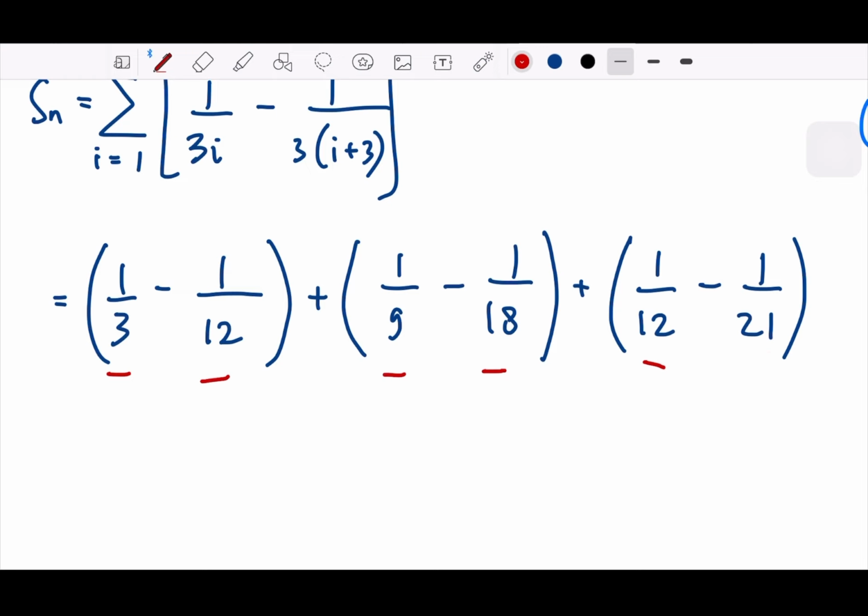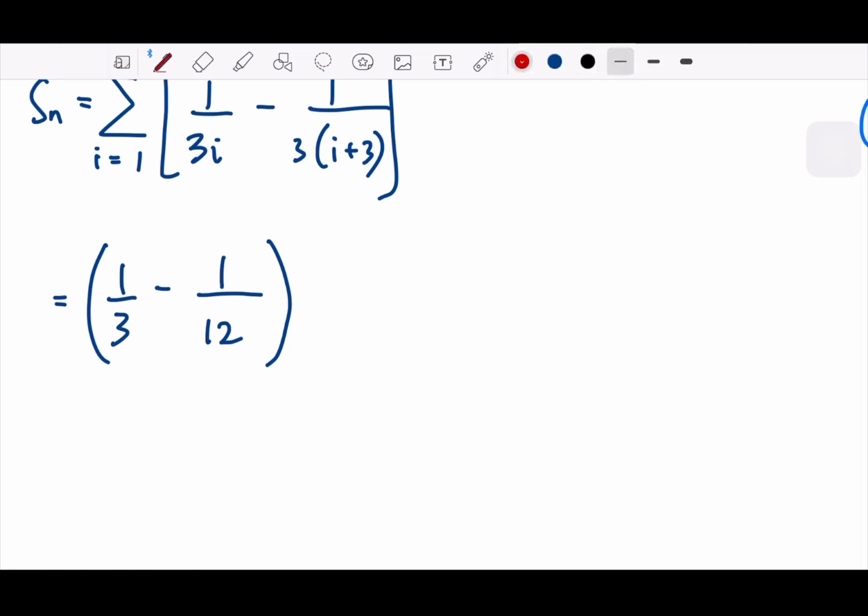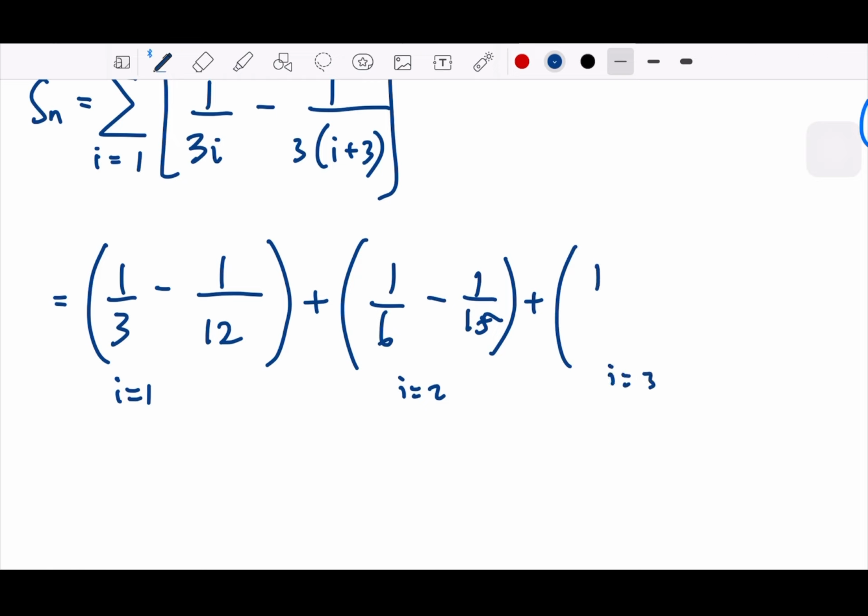Oh, sorry, I think I made a mistake. Wrong n. I think I need to rewrite this. Sorry. So this is i equal 1, right? And then plus this is i equal 2, 1 over 6 first, and then this will be 15. And then this is i equal 3, which is 1 over 9 minus 1 over 18, sorry.